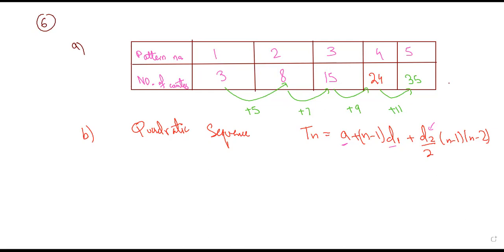N square minus 2 plus 3. Okay, let's see. The answer is basically what Saneem got. Okay, very good. Both of you tried and good, Saneem.